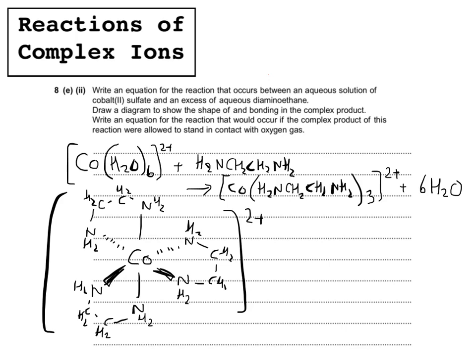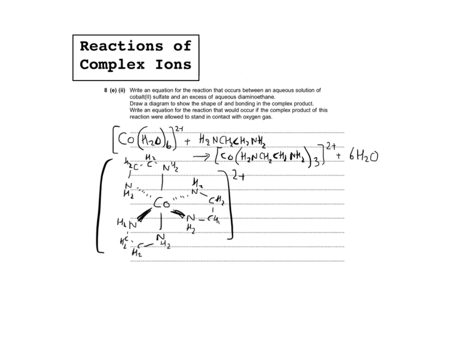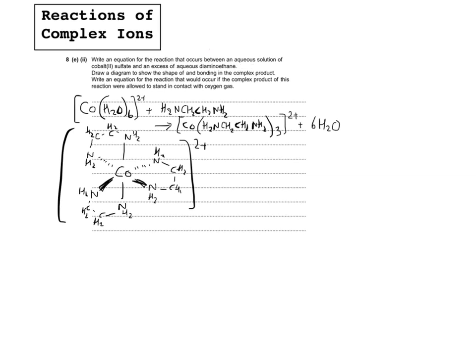And then it says, write an equation for the reaction that would occur if the complex product of this reaction were allowed to stand in contact with oxygen gas. I'm just going to zoom out a little bit so I have some space. So, if this was allowed to stand in oxygen, then the 2+ would turn to 3+.